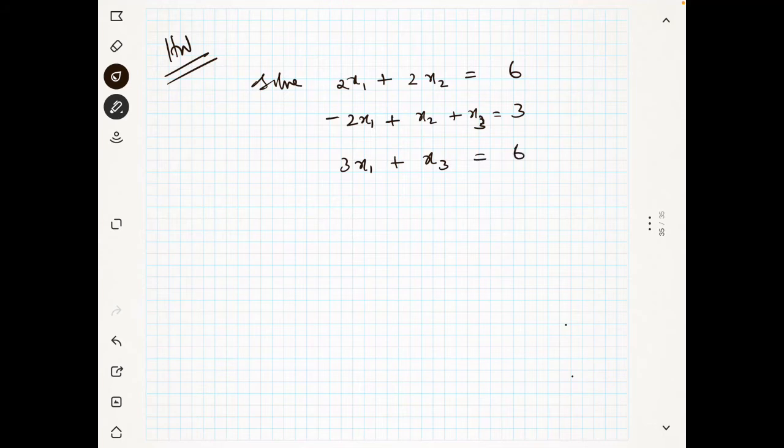So let me check. 2, 2, 0, then minus 2, 1, 1, 3, 0, 1. So you have to solve this. Find the answer by using matrix inversion.